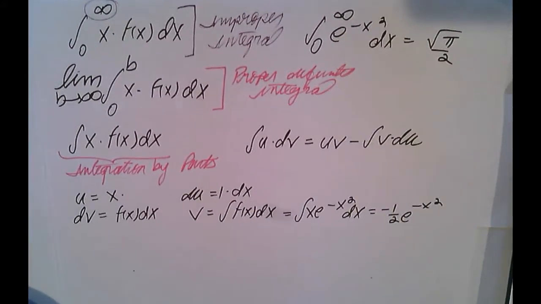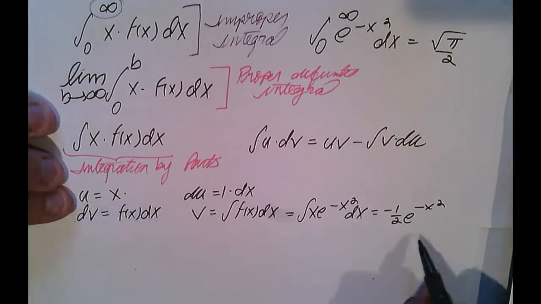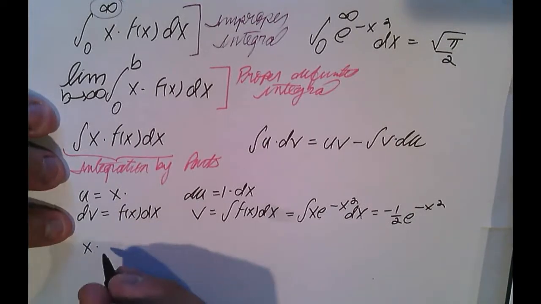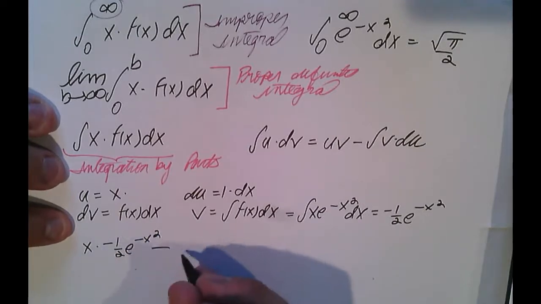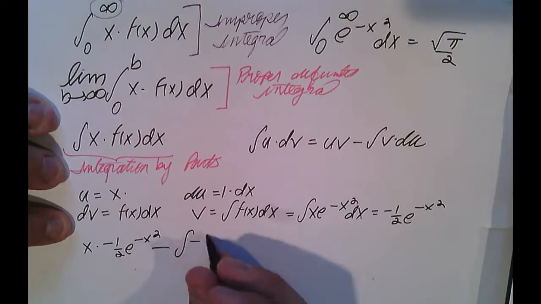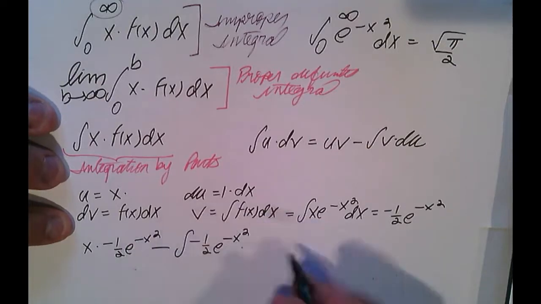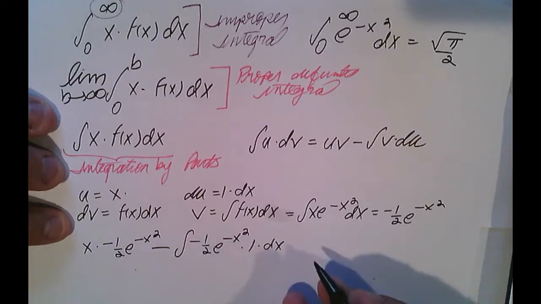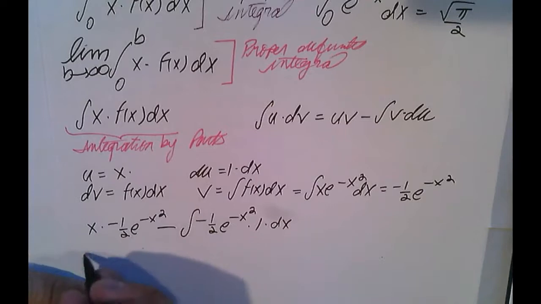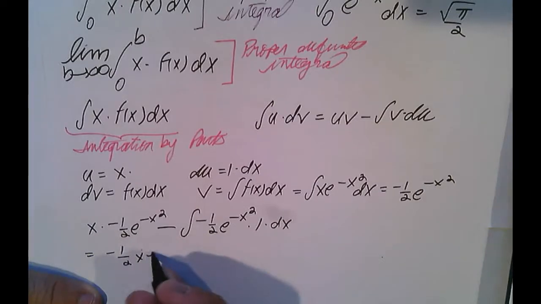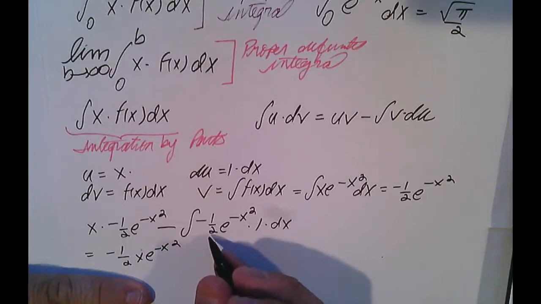So using integration by parts, what I have now is u times v, so x times negative 1/2 e to the negative x squared, minus the integral of v, negative 1/2 e to the negative x squared, times du, that's 1 dx. This is what I'm trying to integrate. Well, I can write this as negative 1/2 x e to the negative x squared. That negative 1/2 is a constant.